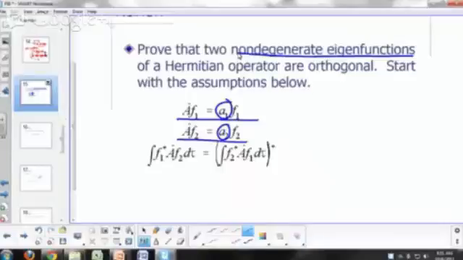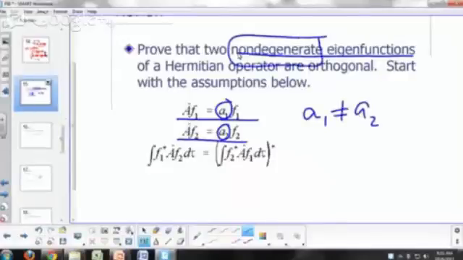Now, when do we say f1 and f2 are non-degenerate? If a1 is not equal to a2. That's what non-degenerate means, right? And you can prove that f1 and f2 are orthogonal.